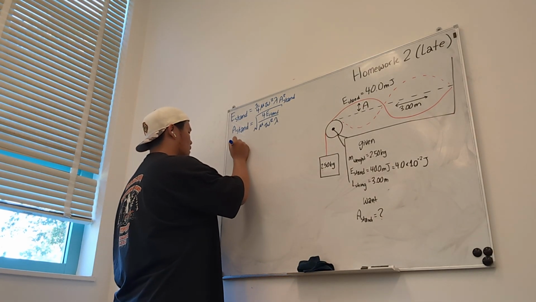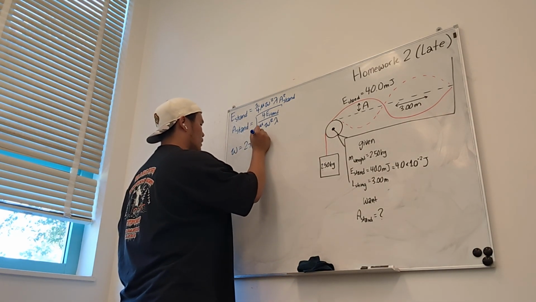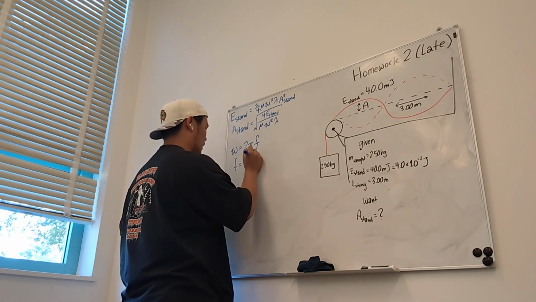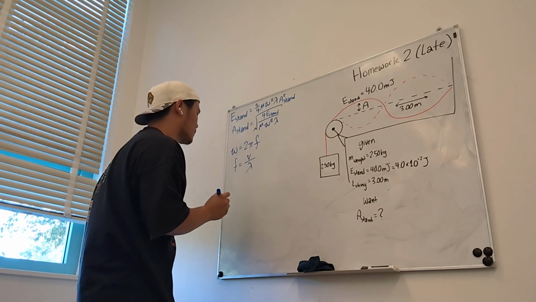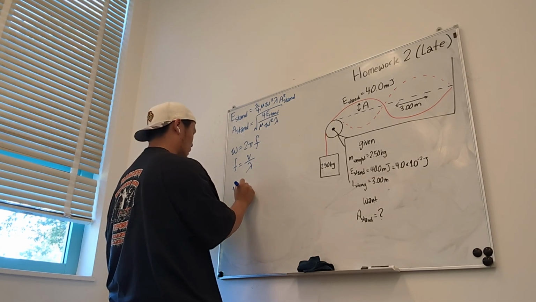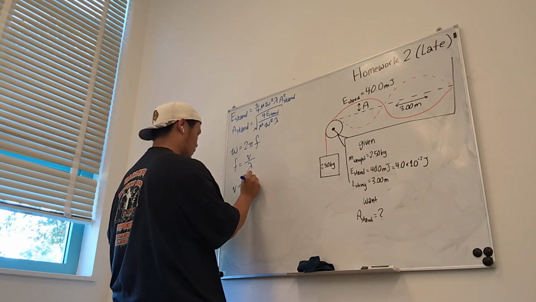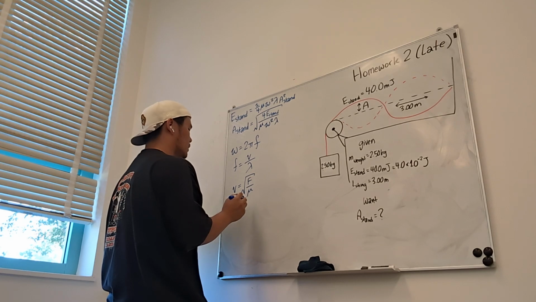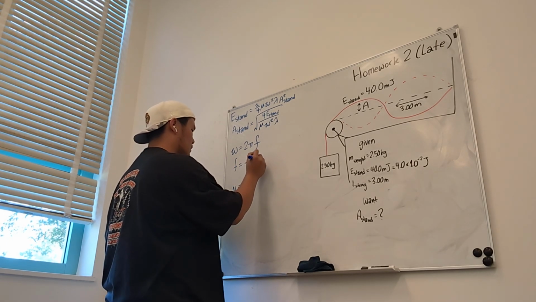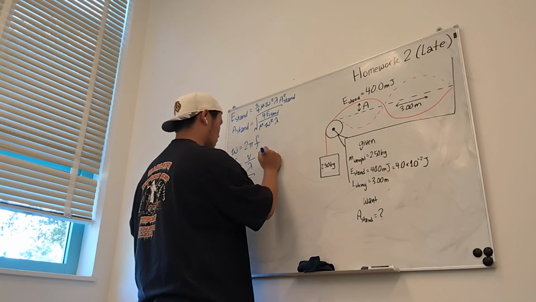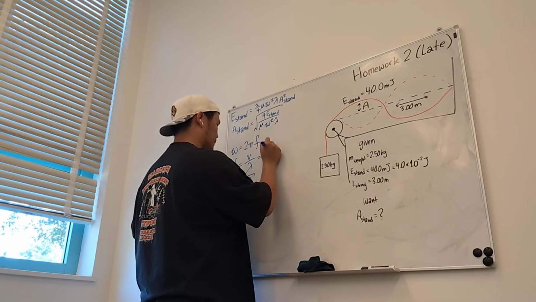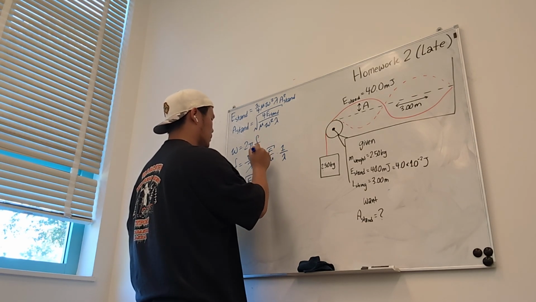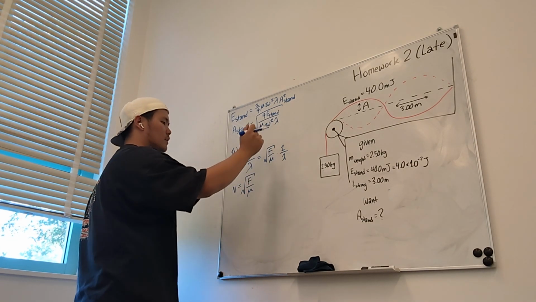Angular velocity is 2 pi frequency. Frequency is velocity over wavelength. And then what's velocity? Velocity is the square root of force over linear mass density, which works out because when we plug this back in, we get square root of force over linear mass density times 1 over lambda, which we can put 2 pi in front of, and then since it's in the denominator, we also need to square it.